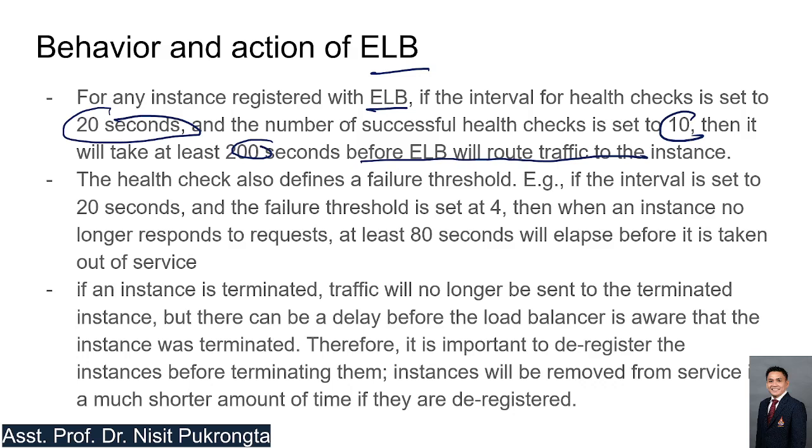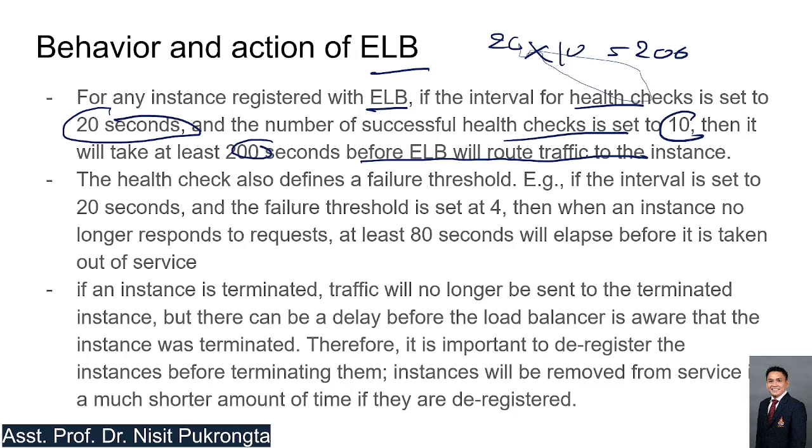How to calculate this? Just take the interval, 20, and multiply by the number of health checks, 10. We have to wait 200 seconds before ELB routes traffic to the instance.